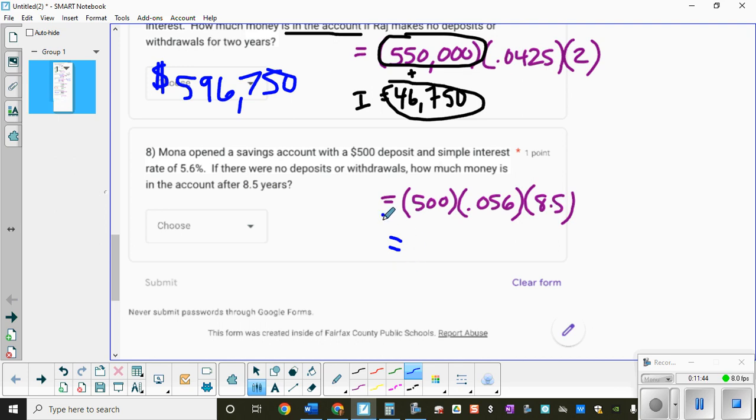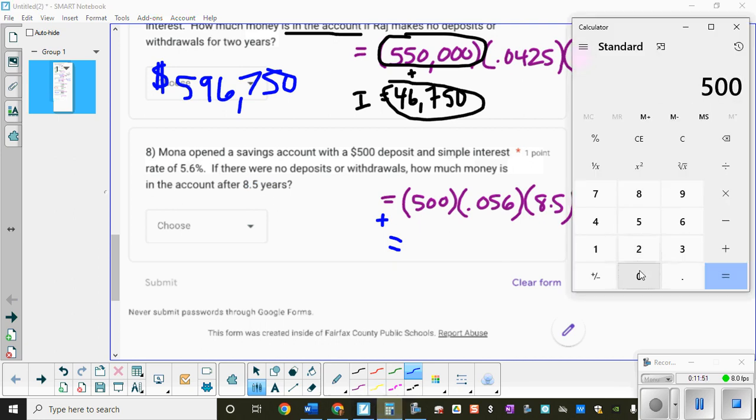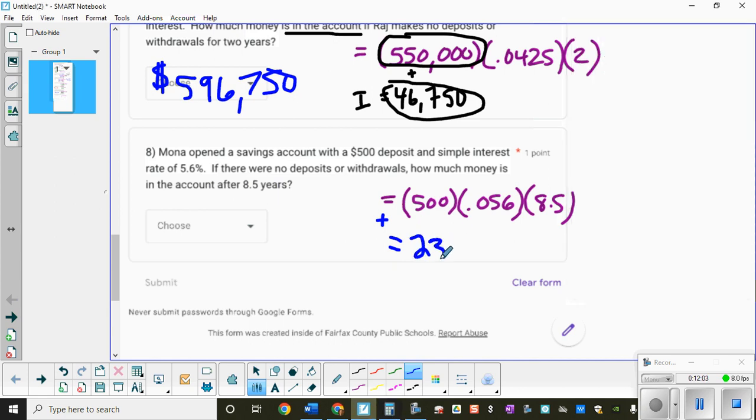We will need to add it because it says how much money is in the account. So first, let's take the $500, the principal amount, times the 0.056 for the 5.6 rate, and then times 8.5 years. So this is going to earn an additional 238 in interest.